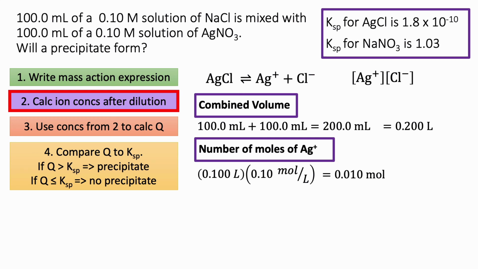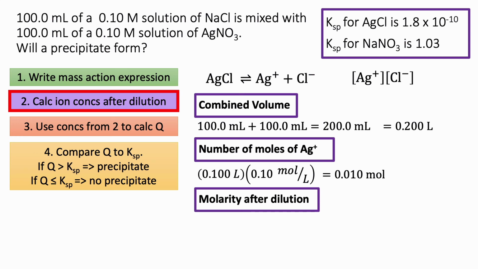That will give us moles of solution, so we have 0.010 moles of silver. So what will the molarity of silver ions be after dilution? Well, let's take that number of moles, because the number of moles won't change. Let's divide it by our total volume after we combine them, and that gives us a molarity of 0.050 molar.